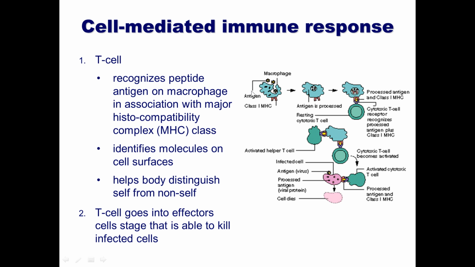They recognize this antigen on macrophages. Clear? And the processing takes place here. Antigen is processed. Identified molecules on the cell surface help the body distinguish self cells from non-self cells.